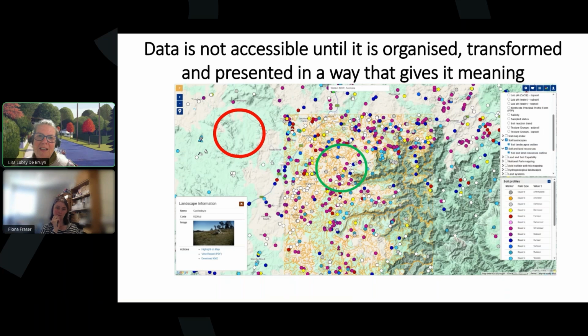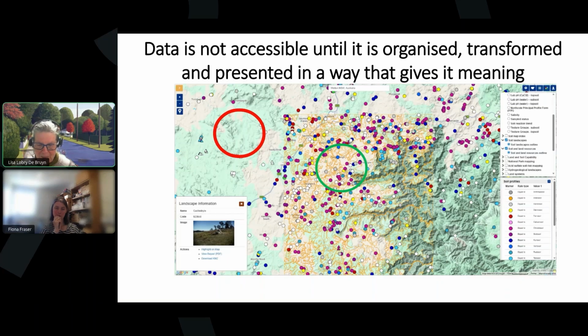So data, I think, is not accessible until it's actually organised, transformed, and presented in ways that give it meaning. And this is especially important for us to understand what is the audience's need to build these meaningful engagement experiences, because it's only through these experiences that people start to embed it in their own practice.